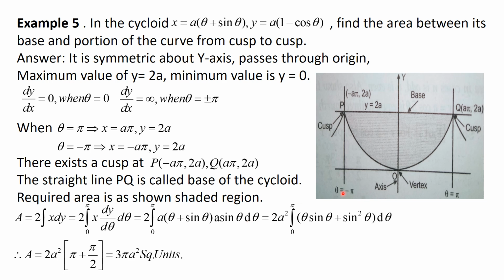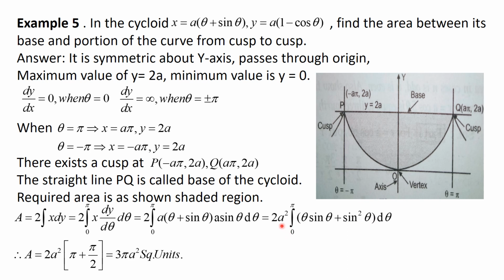Now what is the limit for theta? This is nothing but theta equal to 0, which gives our y-axis term. Theta is equal to minus π, where the curve is at the point P, and theta is equal to π. So actually theta is varying from minus π to π. But since we are considering only the right half region, theta varies from 0 to π.